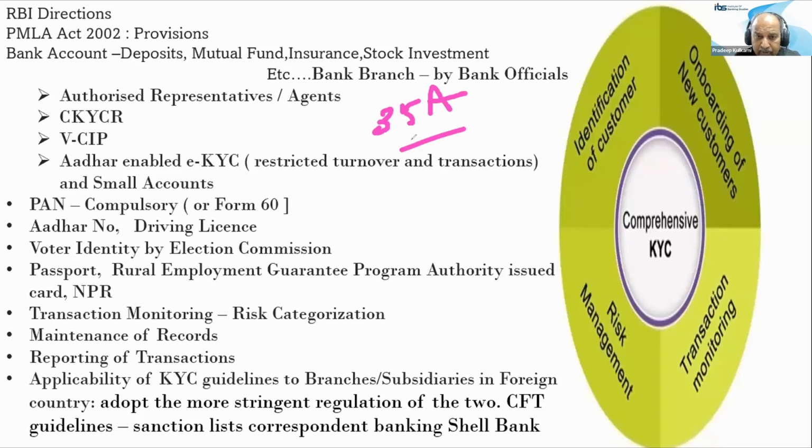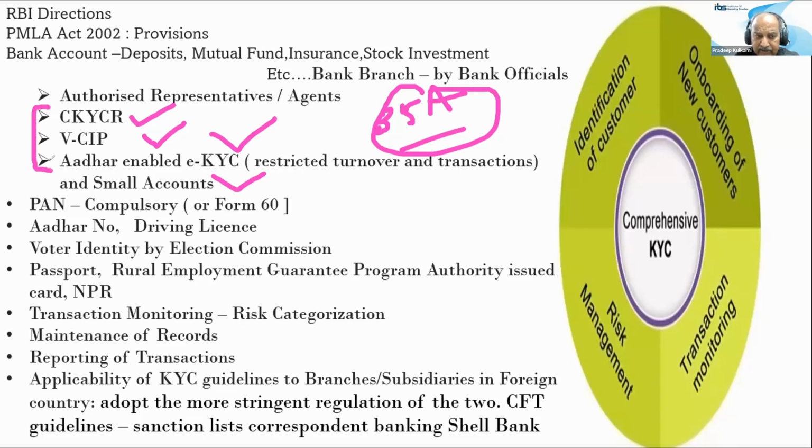When it comes to the bank, it receives the guidelines to frame the KYC policy under Section 35A. Broad guidelines are given, under which every bank needs to frame a policy, and the policy has to have 4 pillars, which we discussed a few minutes ago. So I am not going into detail on customer acceptance policy. But please make a note of these words: CKYCR, VCIP, Aadhaar enabled KYC, and small accounts.